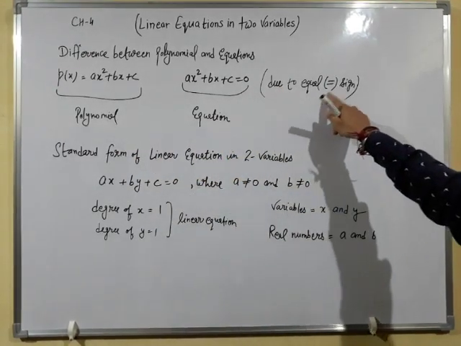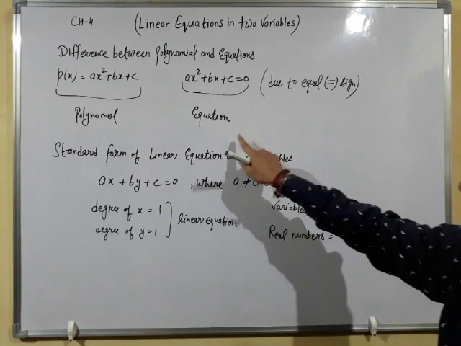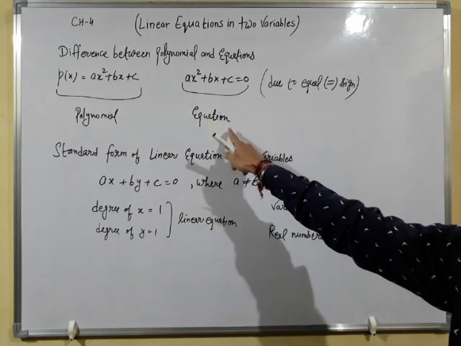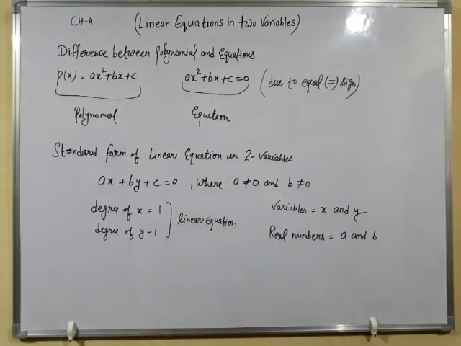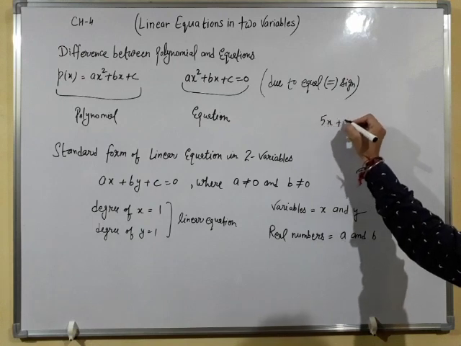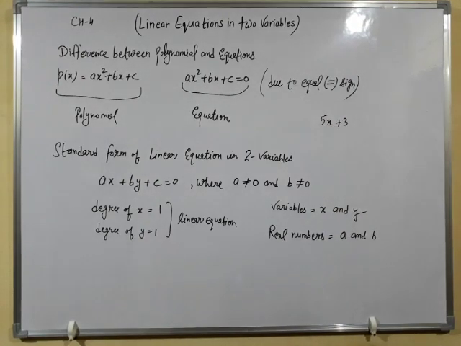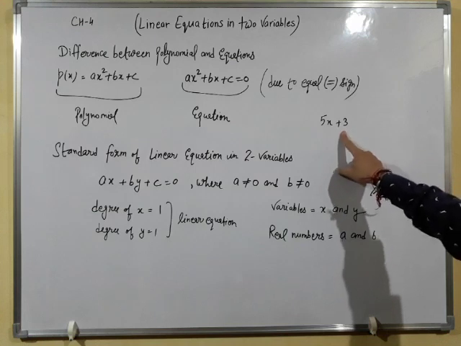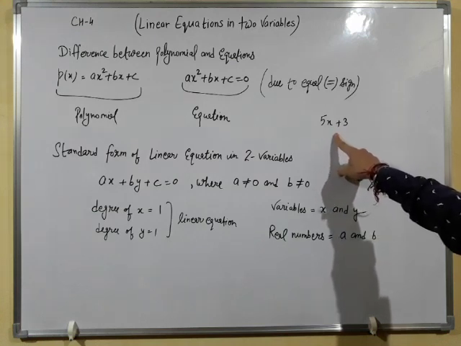Due to the equal sign, we can convert any polynomial into an equation. If we have written 5x plus 3, then we can say that it is a polynomial, or we can say it is an algebraic expression.